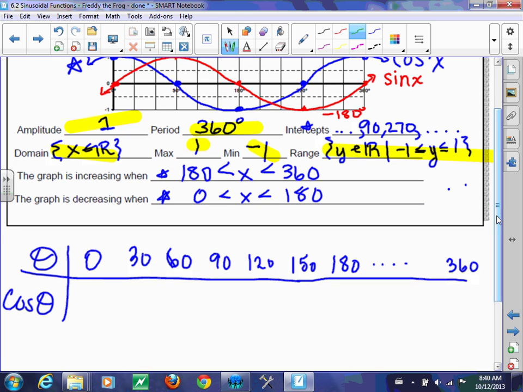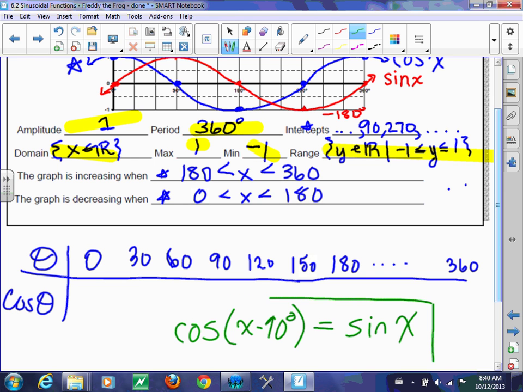Okay, so if I take cos x, and if I'm going to shift it 90, it's going to look like x minus 90 degrees. Okay, that's going to equal your sine x. Okay, so one parent function equals the other as long as you shift it 90 degrees to the right. Okay, and that's why I wanted to show you the two of them.